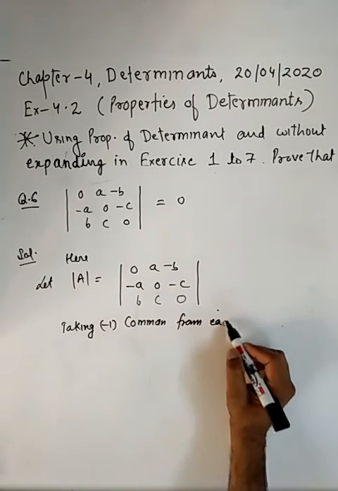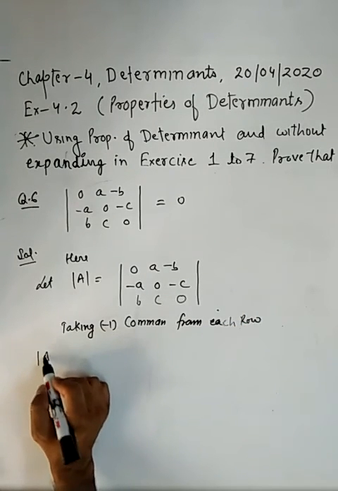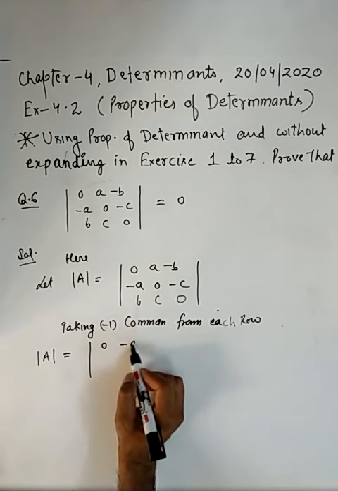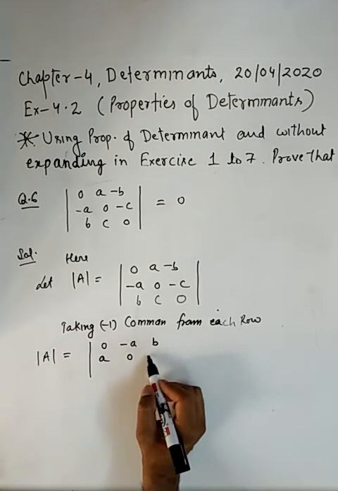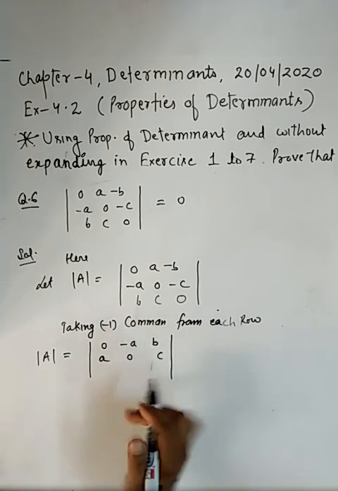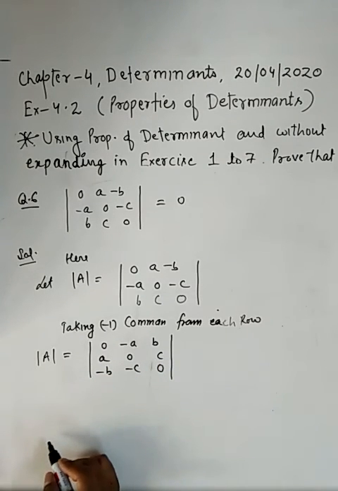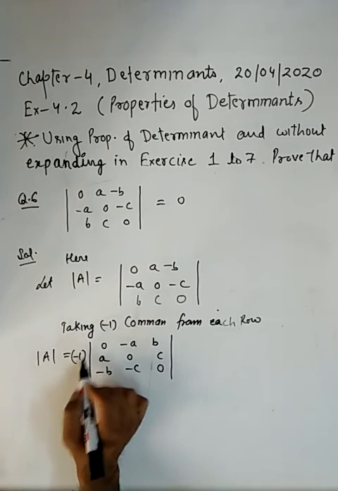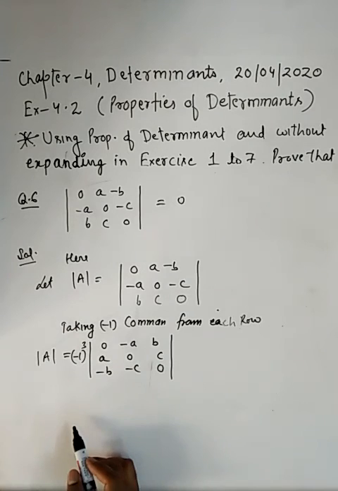Taking minus common from each row, this is determinant of A equal to 0, minus A, plus B; plus A, 0, plus C; minus B, minus C, 0. You have taken minus common from each row, so there will be minus 1 whole raised to the power 3, because first time, second time and third time.